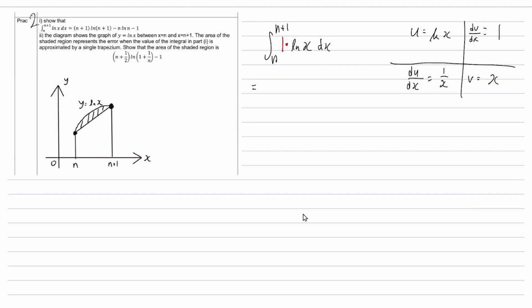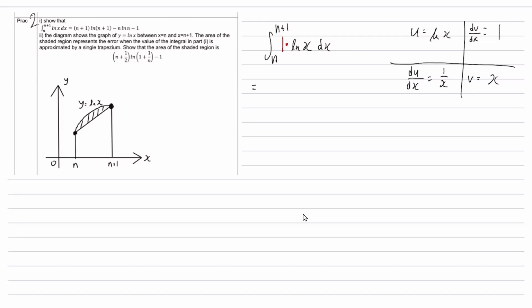Yep, so uv minus integral of v du: x times ln x minus integral of x times 1 over x. Wrong already. x times 1 over x is... Oh wait, sorry, you're correct. It's 1. Then you integrate 1 to get x. Sorry, I'm slow.